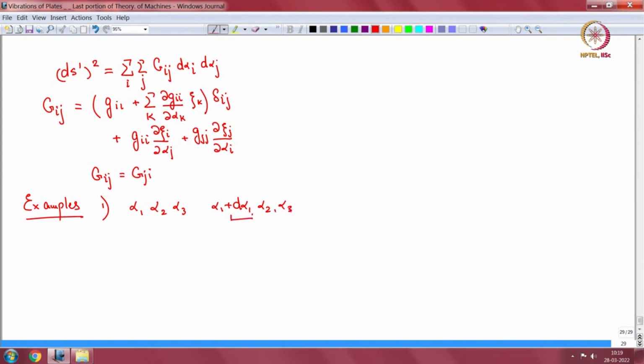So there is only this differential which is non-zero. Then what is my ds square?